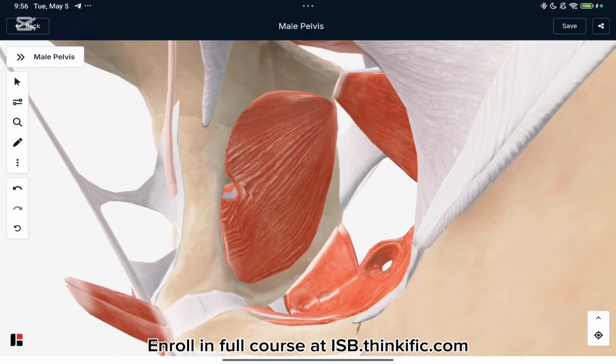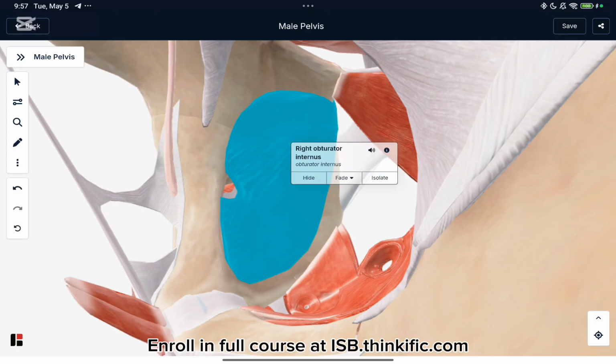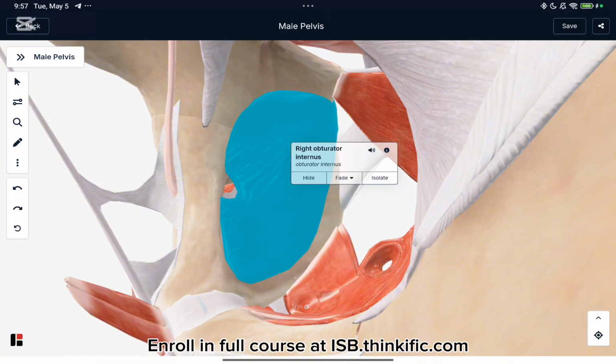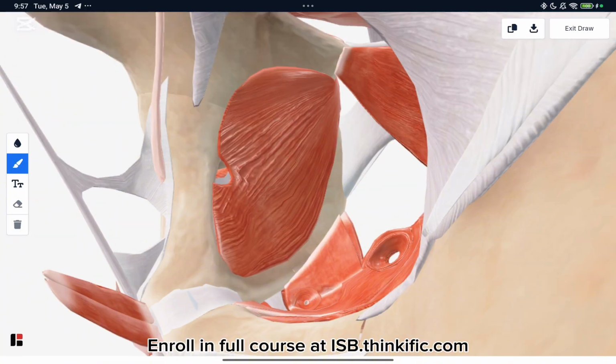As you can see, obturator internus originates from the deep surface of the obturator membrane, which is underneath. If you remove this muscle, you can see the membrane underneath it. But in fact, it does not only originate from the deep surface of the obturator membrane, but also from the bones that make up the margin of the obturator membrane.